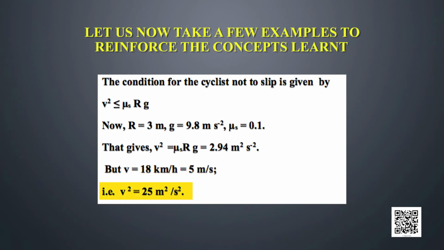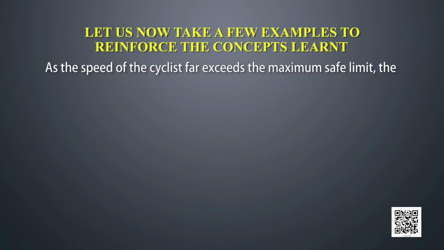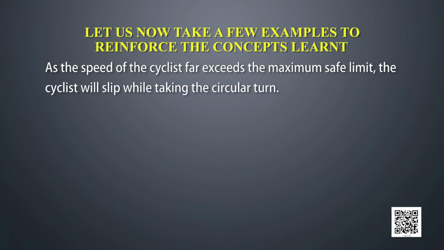Therefore, v square is 25 meter square per second square, far more than the maximum safe limit. So, as the speed of the cyclist exceeds the maximum safe limit, the cyclist will slip while taking this particular circular turn at 5 meter per second.